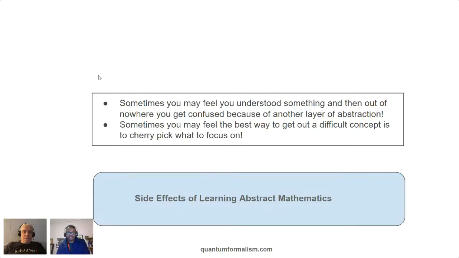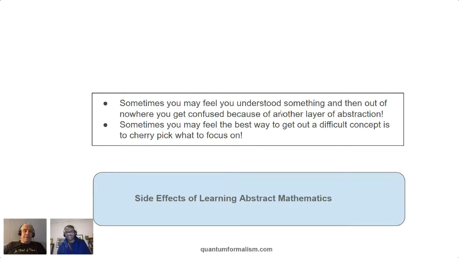Another thing is that sometimes you might feel the best way to get out of difficulties is to cherry pick, to just skip this part. But that's very hard, because very often the stuff you don't like actually plays an important role in something else. I had more things to add when I was doing the slides, but at least I think the first one will definitely resonate.